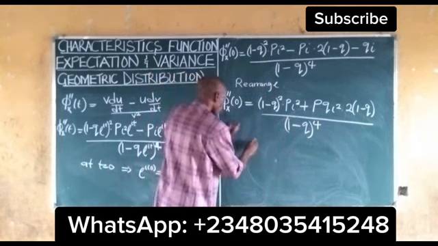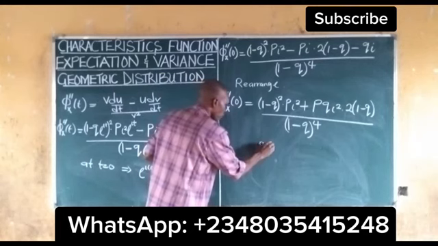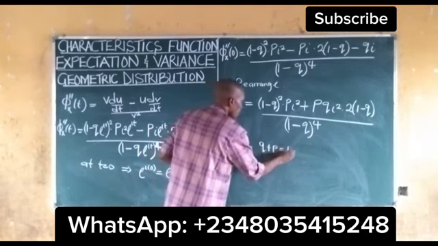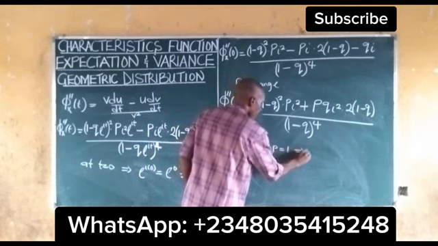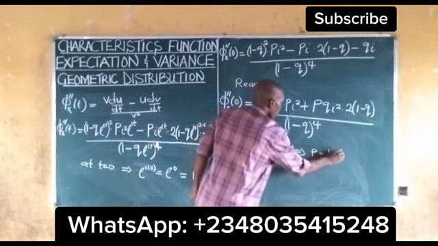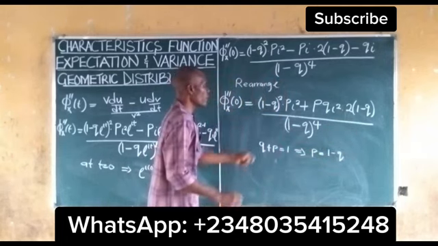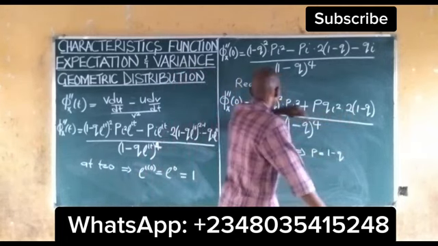So from probability we have that q plus p is equal to 1. It then implies that p is equal to 1 minus q. So anytime we see 1 minus q, we put p.